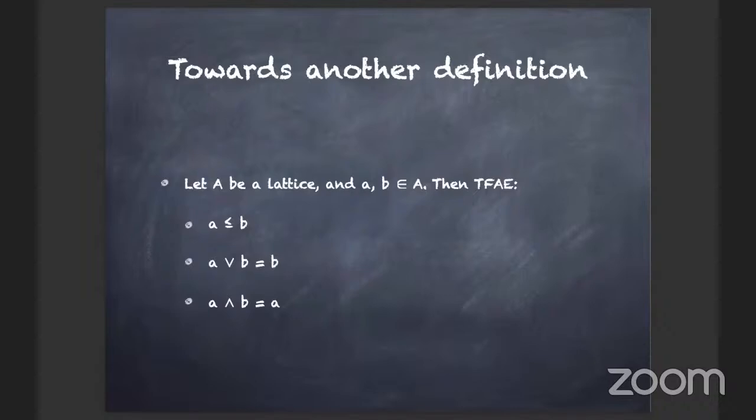To move towards that definition, first let us note that the following are equivalent. By the definition we have just made of a lattice, if A is less than or equal to B, then A join B is B, and A meet B is A, and these are all equivalent conditions. Are you with me?